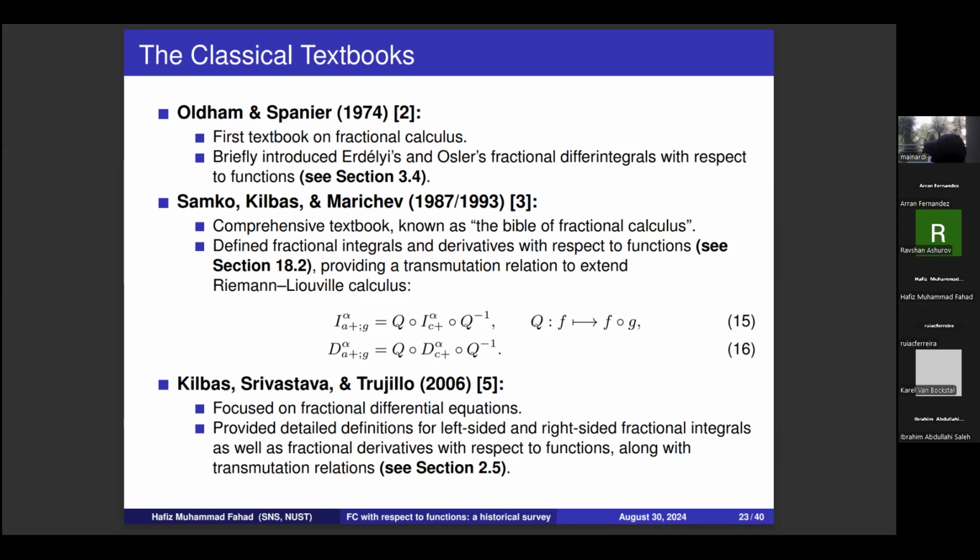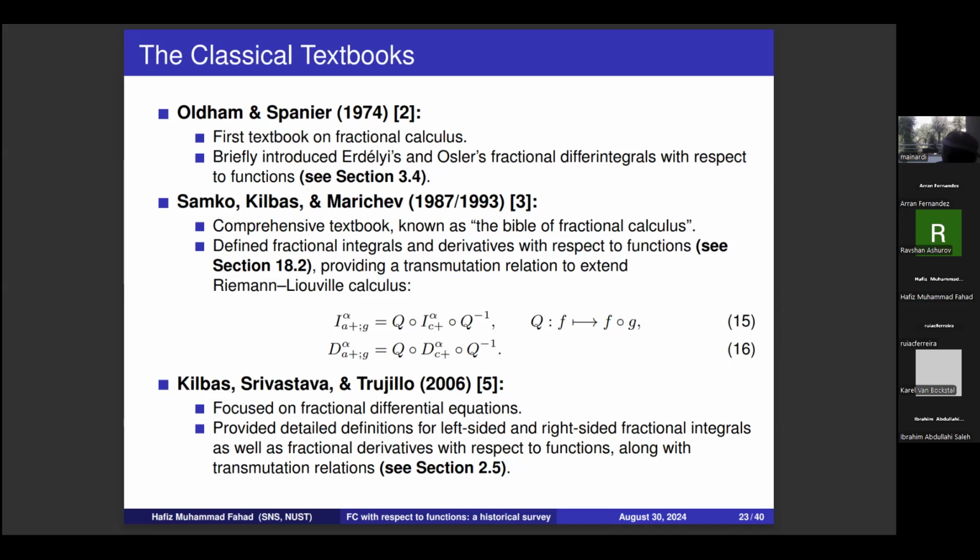And here note that on the left-hand sides, we have the fractional operators with respect to the function g. On the right-hand sides of these equations, we see some compositions where Q is defined such that Q applied on f gives the composition of the function f and g.